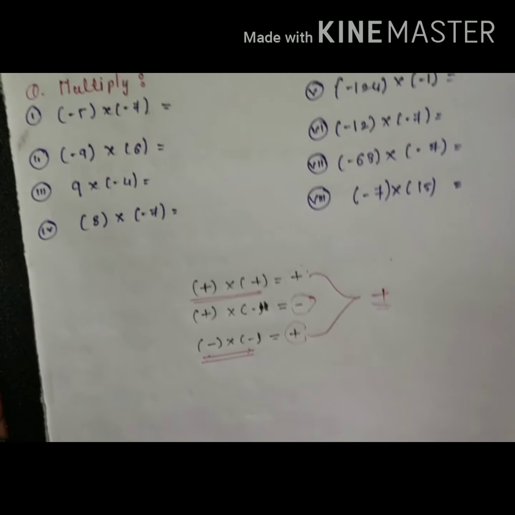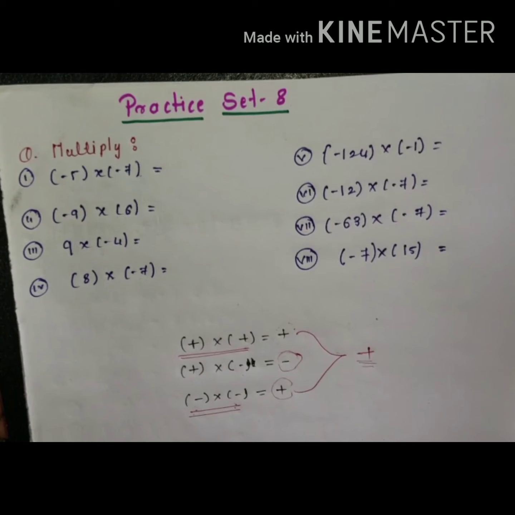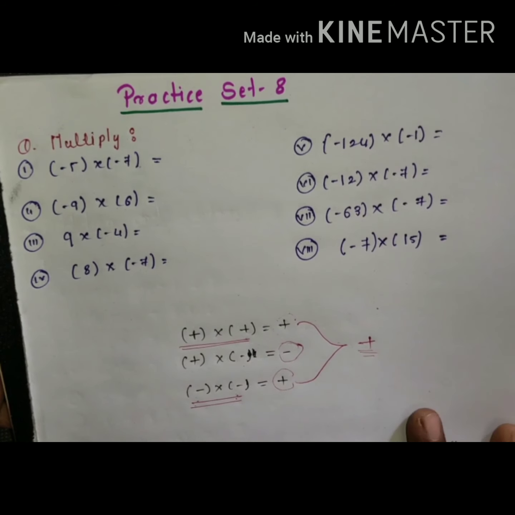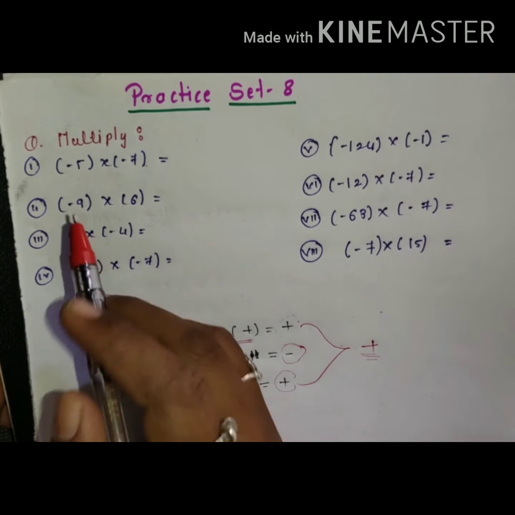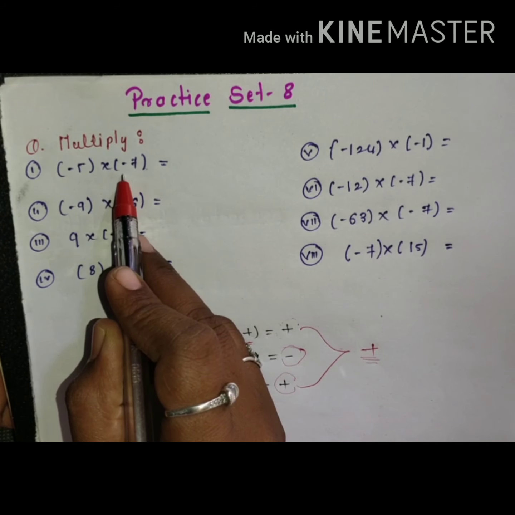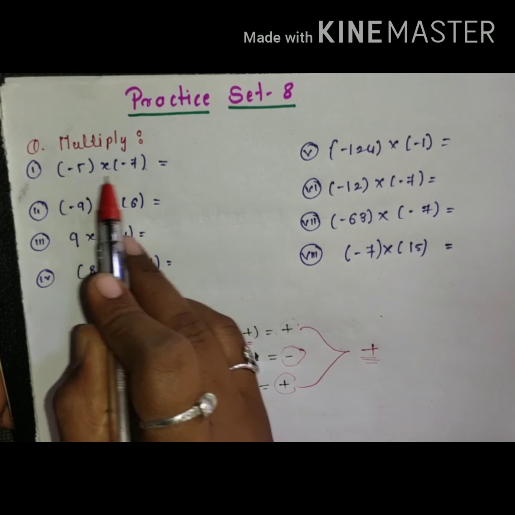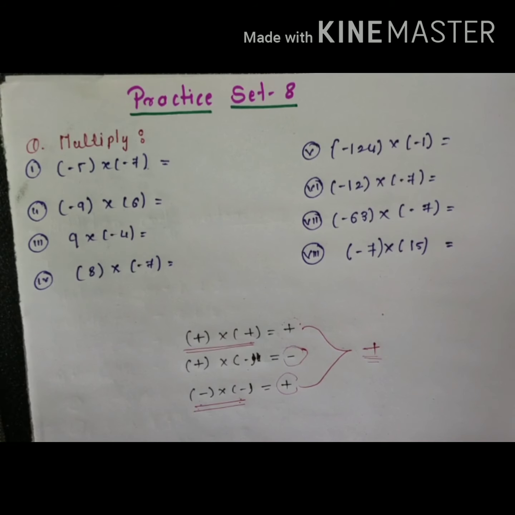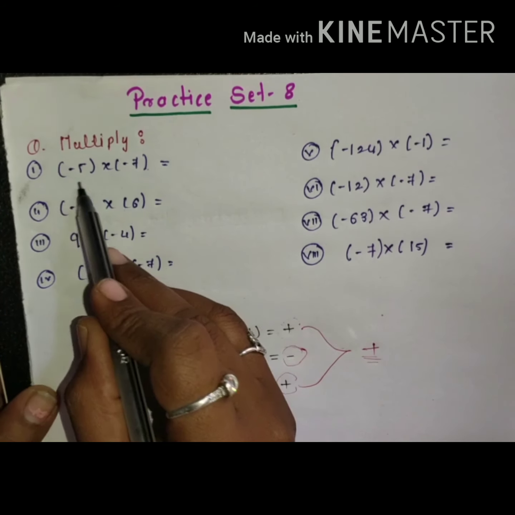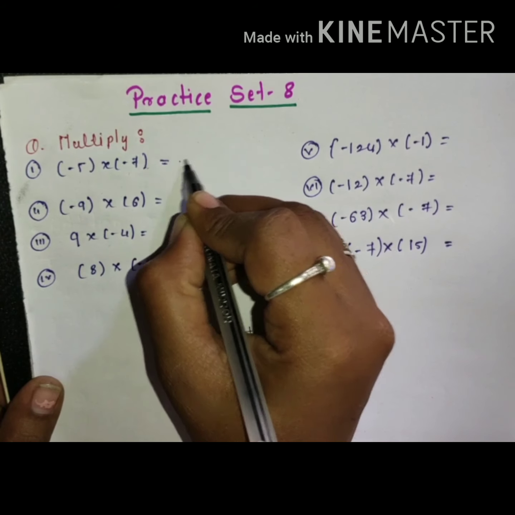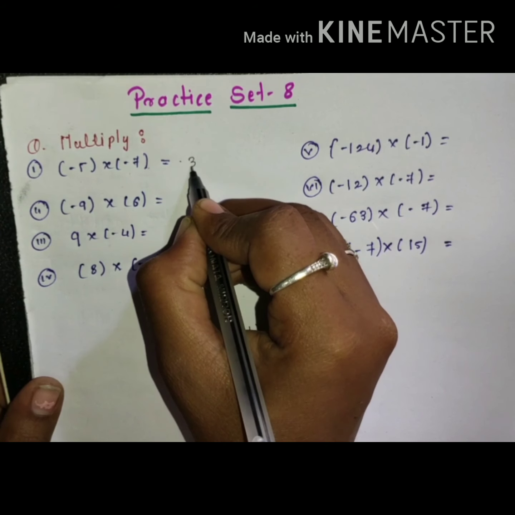Okay, now the first question is minus 5 multiplied by minus 7. Here you can observe both the integers have the same sign, that is the minus sign. It's a negative number, and this is also a negative number. That means negative into negative, the answer will be positive, and 5 sevens are 35.